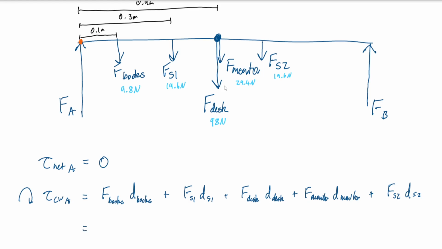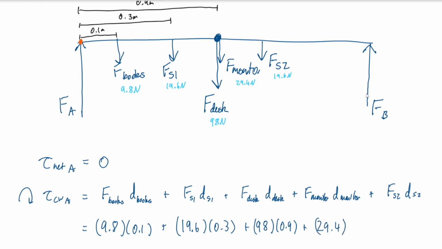Now let's substitute in the values. So the books, weight is 9.8, distance 0.1. Speaker 1, 19.6, and that was 0.3 meters from the pivot point. The desk, 98, what was that, 0.9. Weight of the monitor, 29.4.